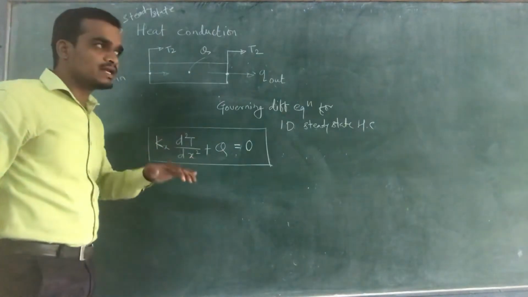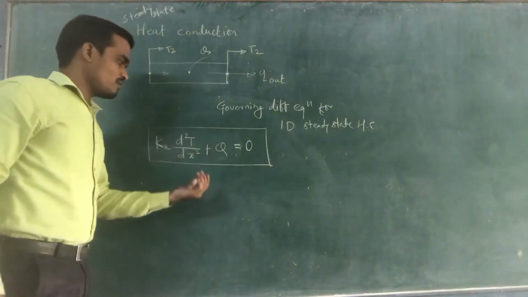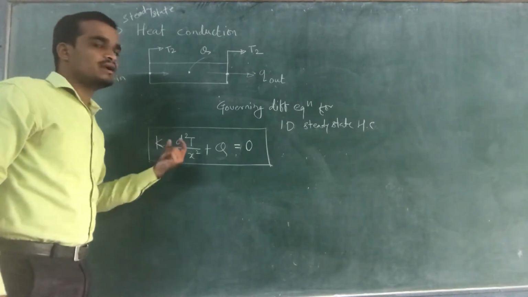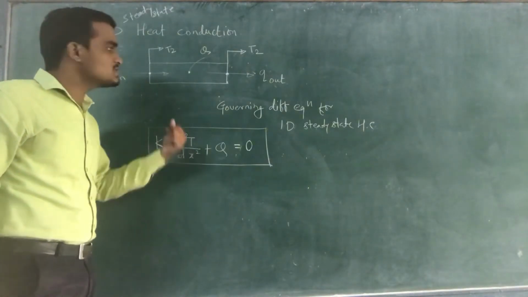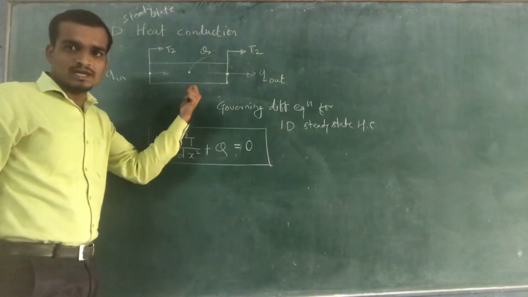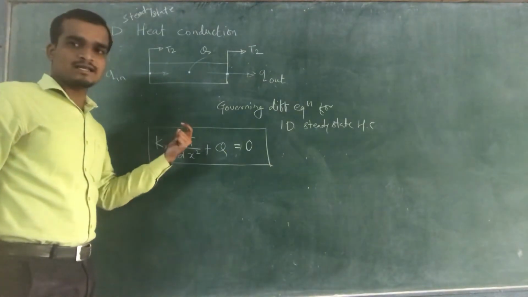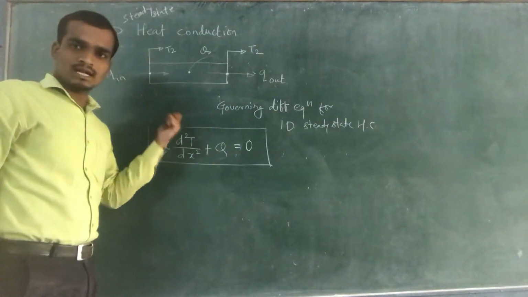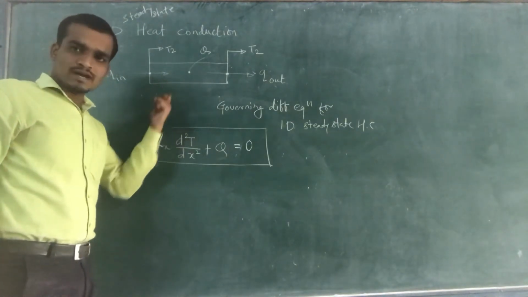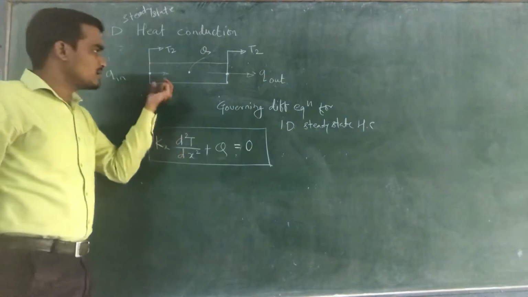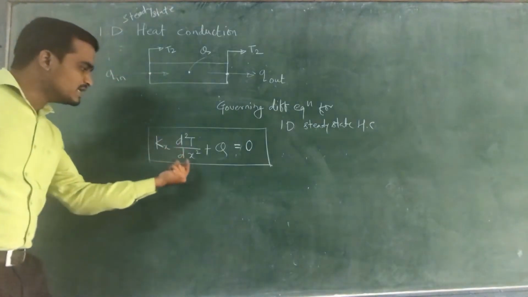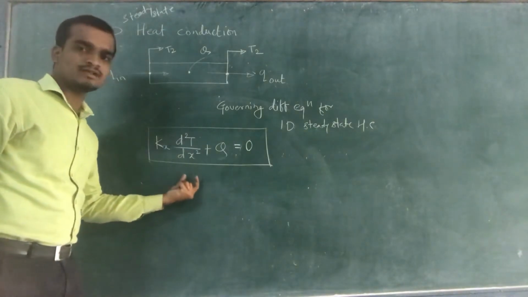Why? Because we need the element stiffness matrix for these conduction problems. If we get the element stiffness matrix and the boundary conditions, then we can apply our previous penalty approach to this matrix system, and we will get our temperature distribution within the body. So that's why we need this governing differential equation.